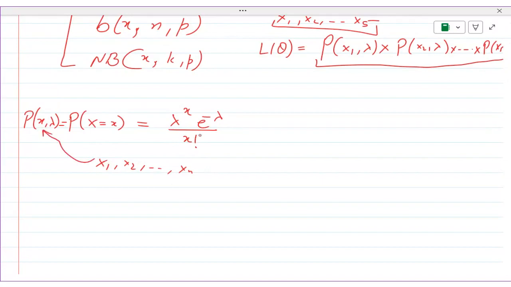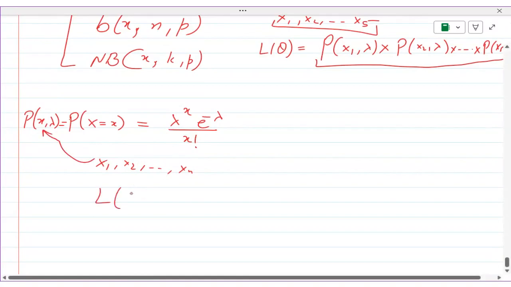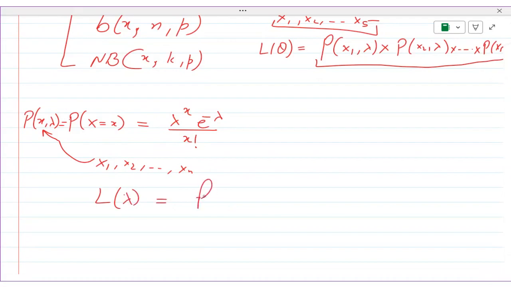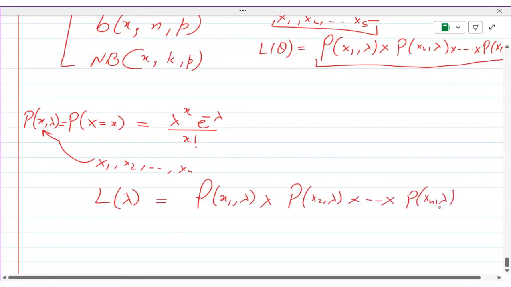So the likelihood function of this parameter lambda will be the probability function at x1 comma lambda into probability function at x2 comma lambda, and so on, in the end the value at xn comma lambda. Now put these in here.